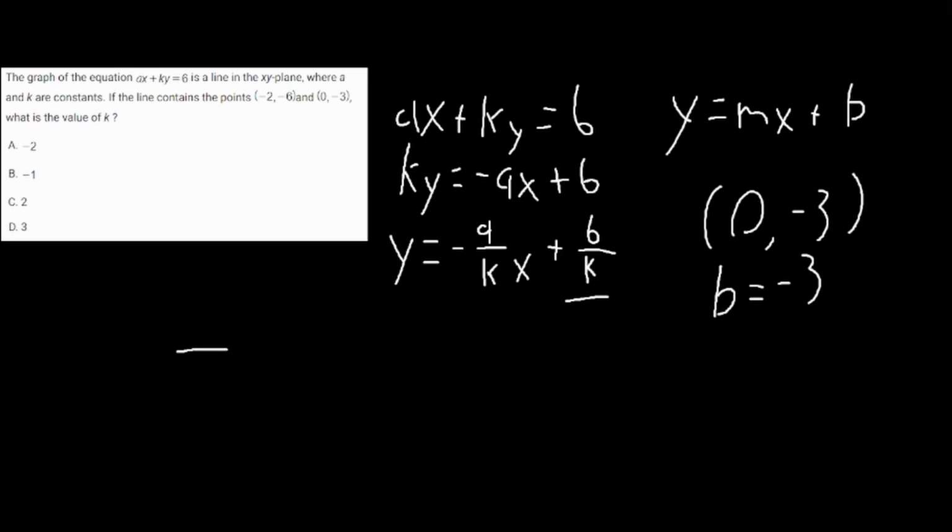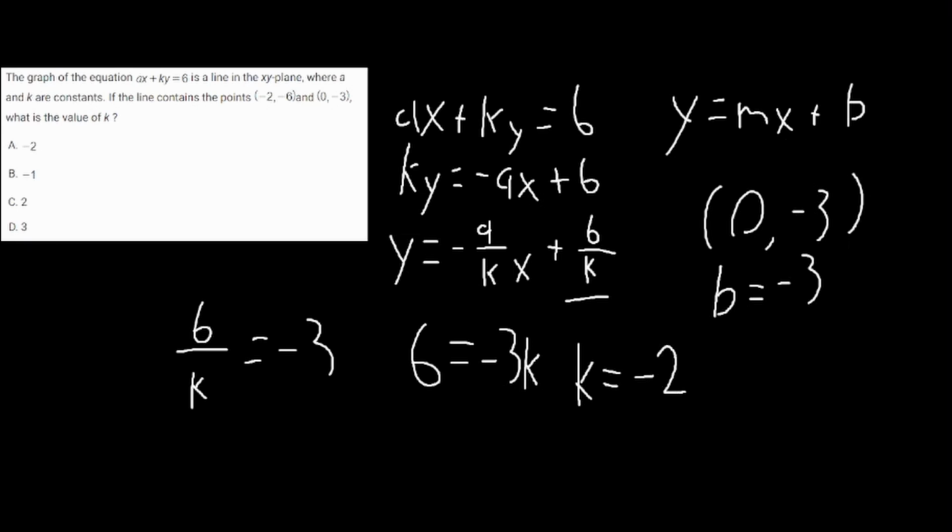So 6 over k equals negative 3, and I will multiply k on both sides, so k cancels on the left, giving us 6 equals negative 3k. And then I'm going to divide by negative 3, and that will give us k equals negative 2, which is answer choice A.